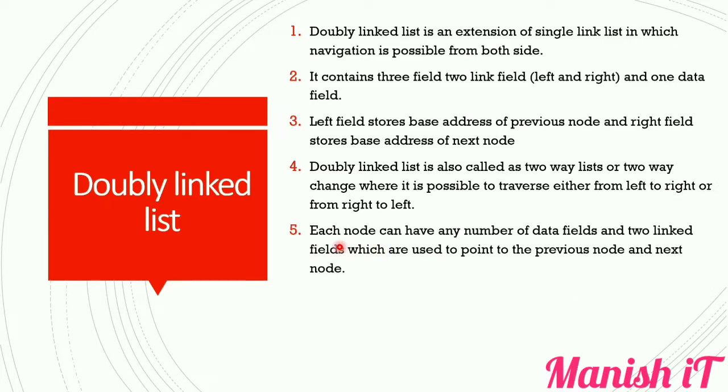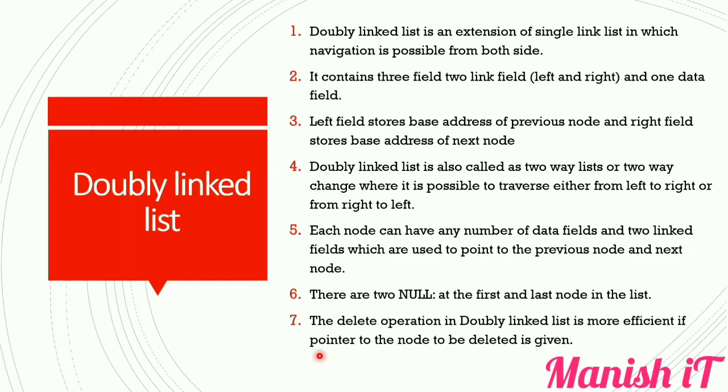Each node can have any number of data fields and two link fields, which are used to point to the previous node and the next node. There are two nulls, at the first and at the last node in the list. The delete operation in a doubly linked list is more efficient if a pointer to the node to be deleted is given, and we can quickly insert a new node before a given node. These are all the features of a doubly linked list.